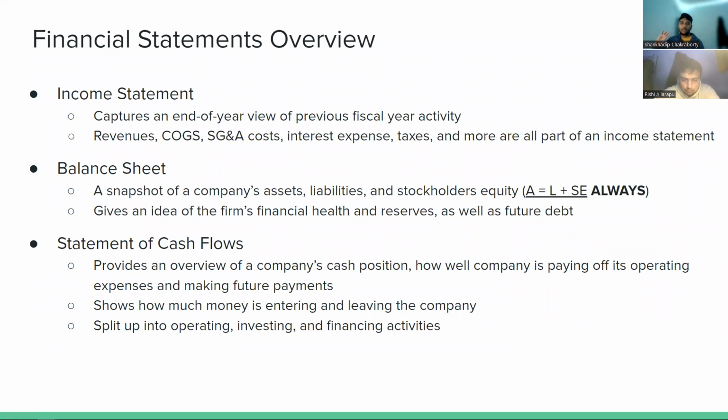So that's cumulative. And I'll go into all of this stuff: revenues, cost of goods sold, which is what COGS is, which is how much did it cost to manufacture all the stuff that you sold, your inventory, basically. Then your SG&A, those are sales, general, and administrative costs.